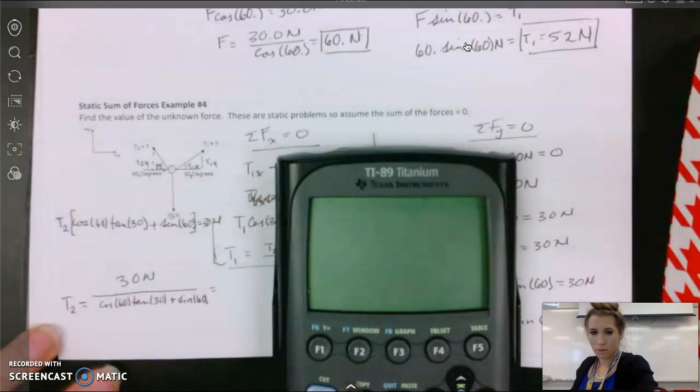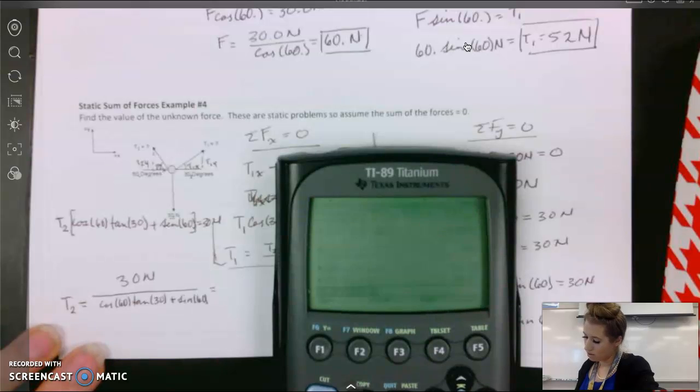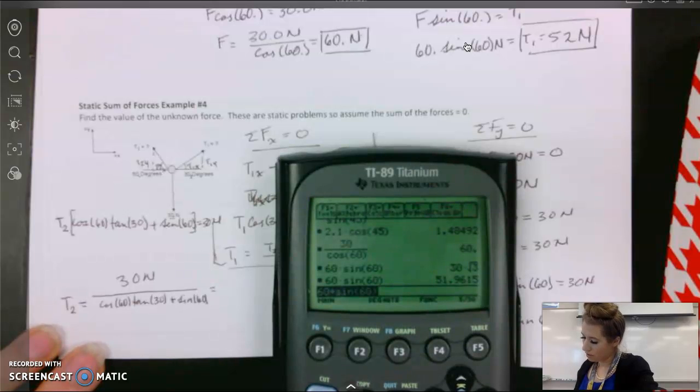Okay, let's plug it in our calculator. So on the top of our fraction, we have 30 newtons, and we're going to divide that by everything on the bottom of our fraction, which is the cosine of 60 multiplied by the tangent of 30. Okay.